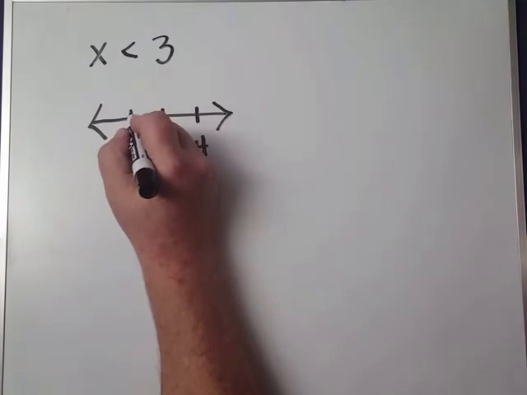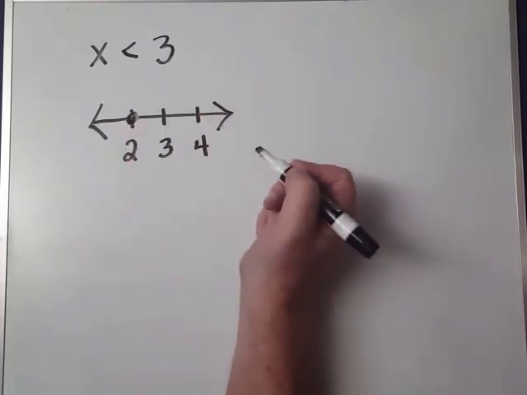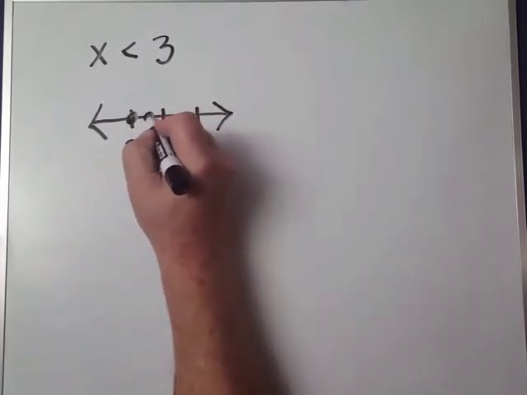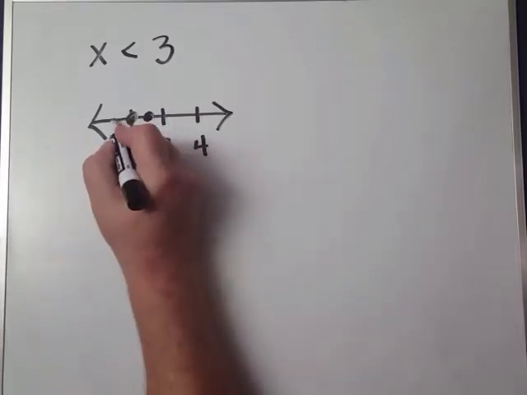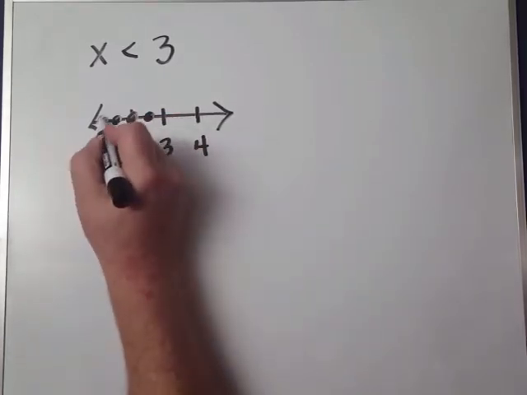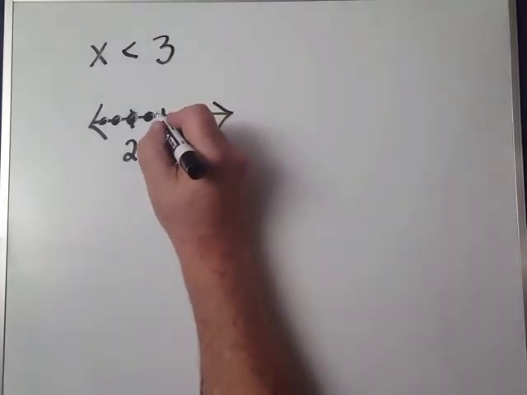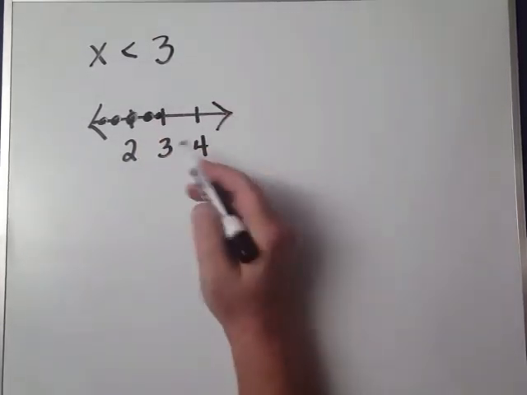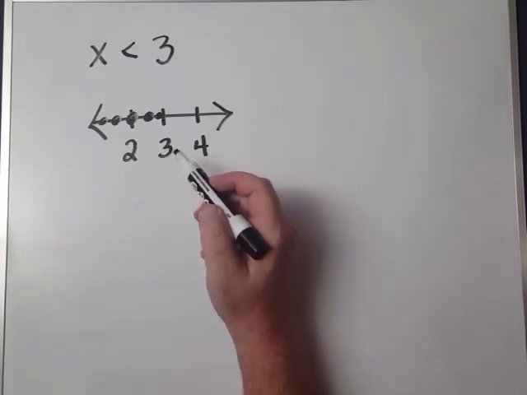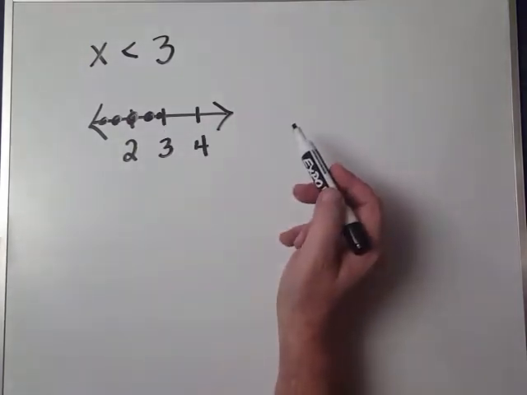Well, 2 is less than 3. So is 2.5. So is 1.5. So is 1. So is 0. So is -1. So is 2.99. But not 3 itself. And nothing to the right of 3 on the number line is less than 3.